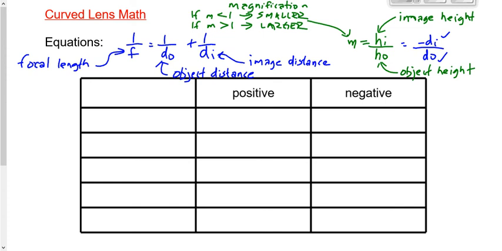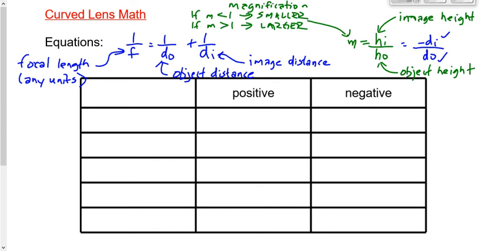What about units? What units do I use for focal length and object distance and image distance and HI and HO? They're all distances, right? Could use meters. They all cancel, so it doesn't really matter what you use. Any distance units, including inches if you wanted to, as long as you're consistent through a problem.